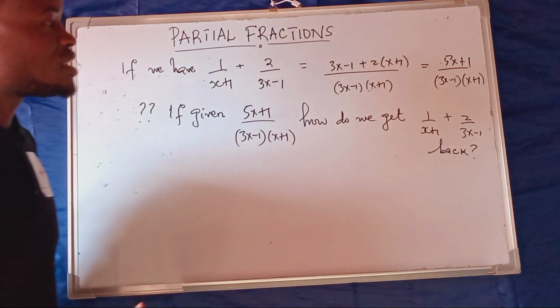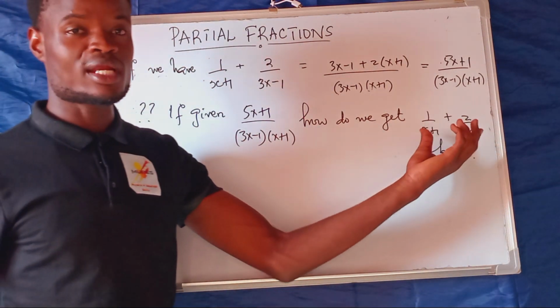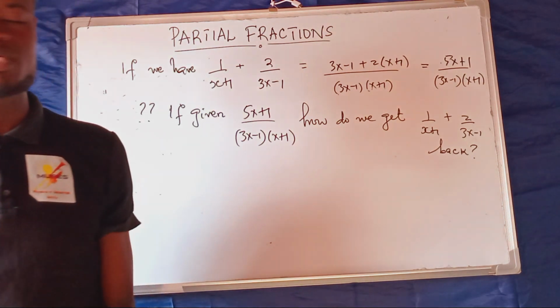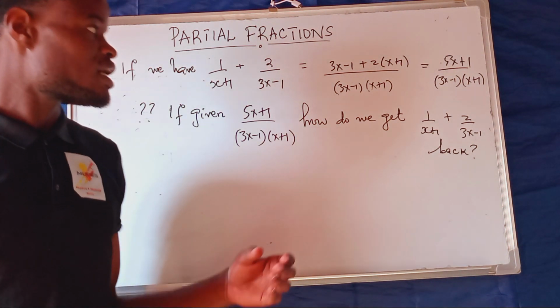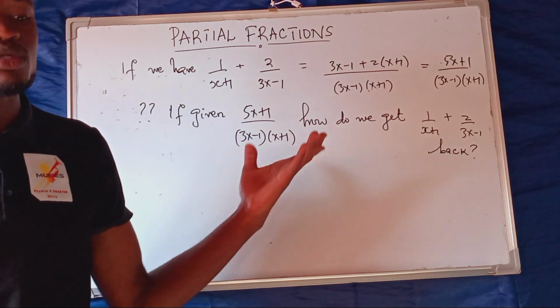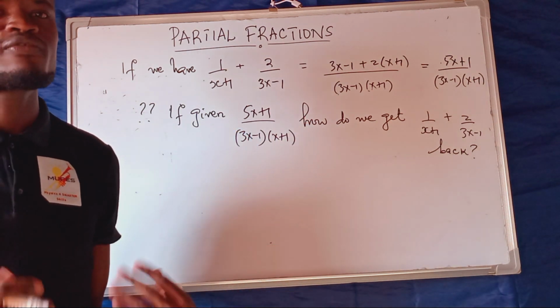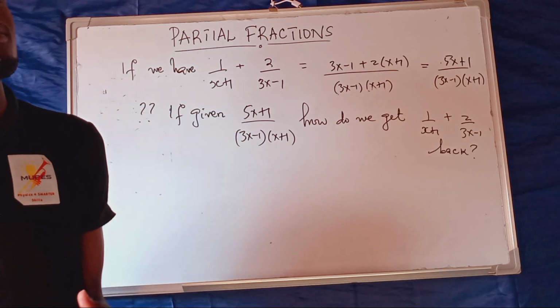How do we get this one back? That is specifically what we are going to talk about. And after having this knowledge it is going to help us to solve some integration numbers.